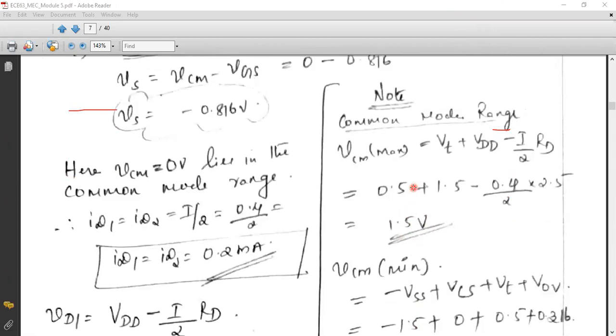Similarly, find VCM min. Attendance, Lokesh. Present, sir. Yes, Rohit, Present, sir. Sujit, Prakash, Present, sir.